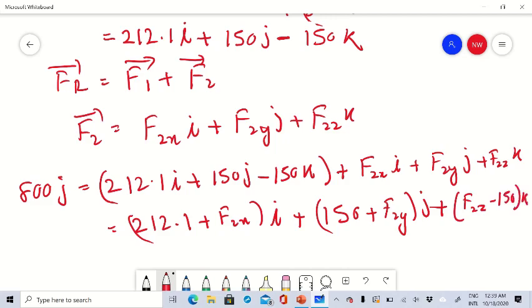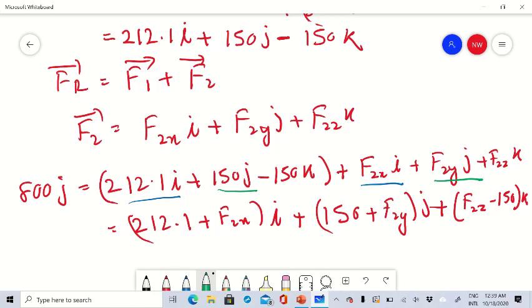So I took the i terms together here. What are the i terms here? This one and this one, right? So 212.1 plus F2x. So what are the j terms? This one and this one. So I took 150 plus F2y times j.